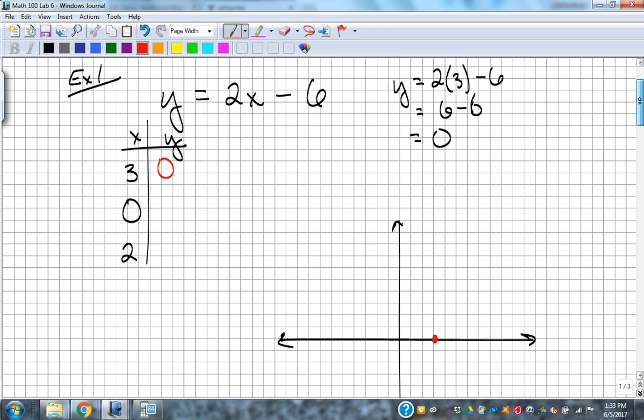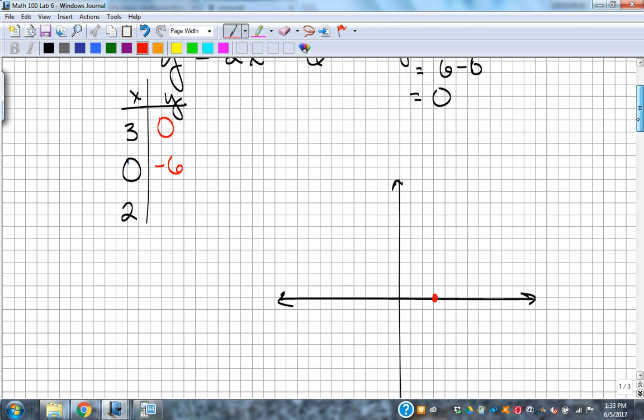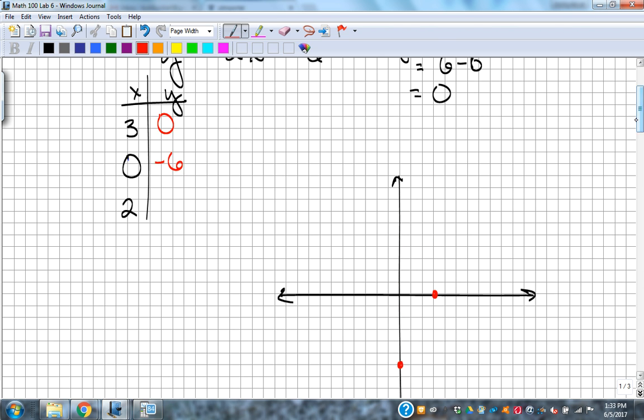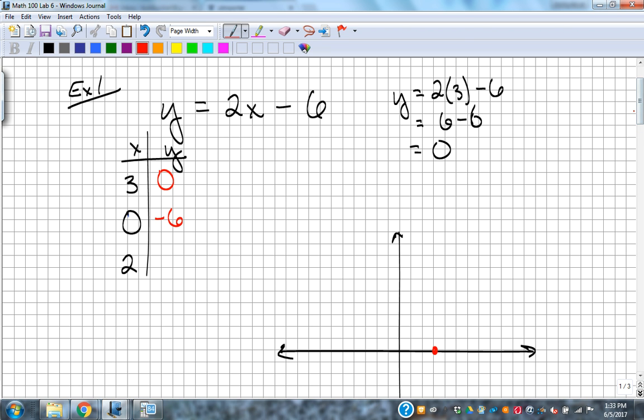And then I would plug in the 0 for x. 2 times 0 is 0 minus 6 would be negative 6. I could put the point 0, negative 6. Should be right here. And then plug in a 2 for that. 2 times 2 is 4.